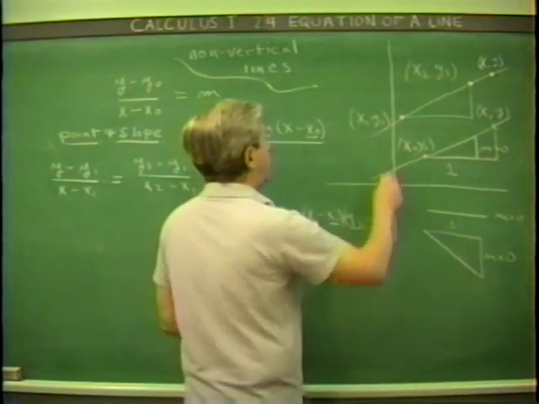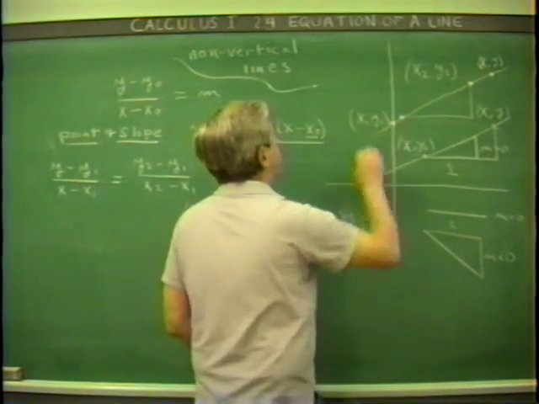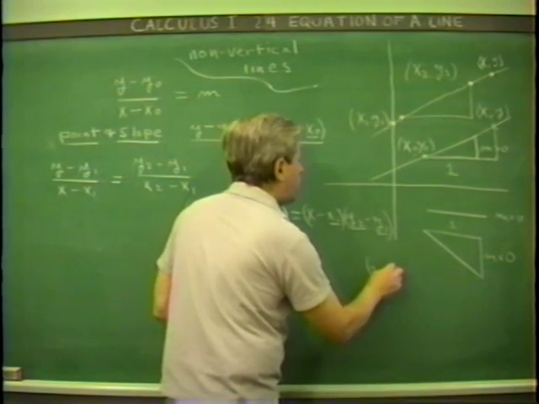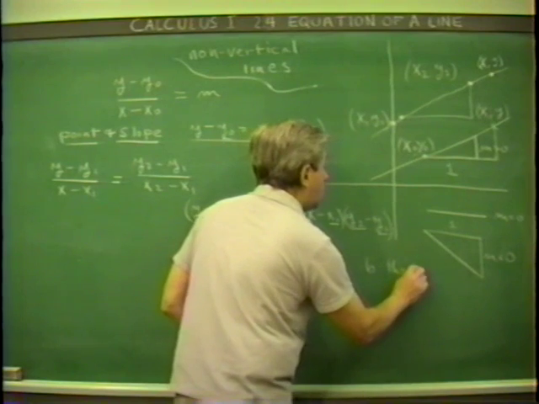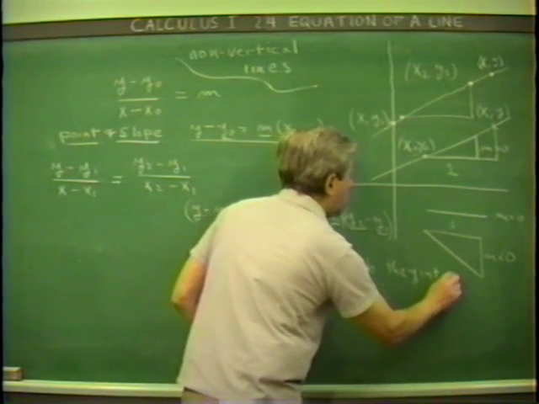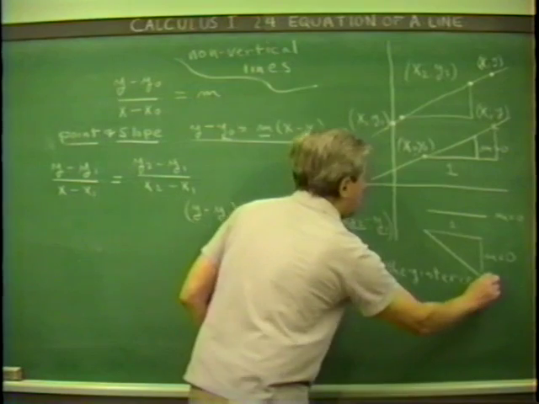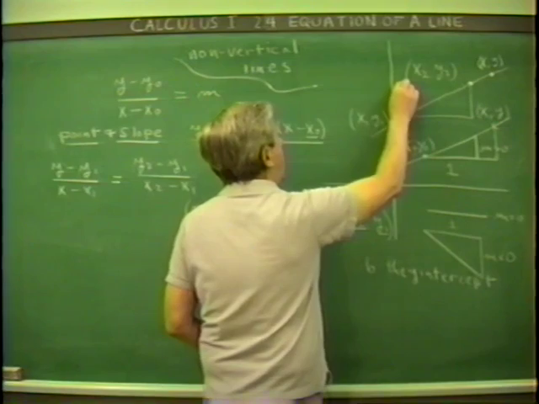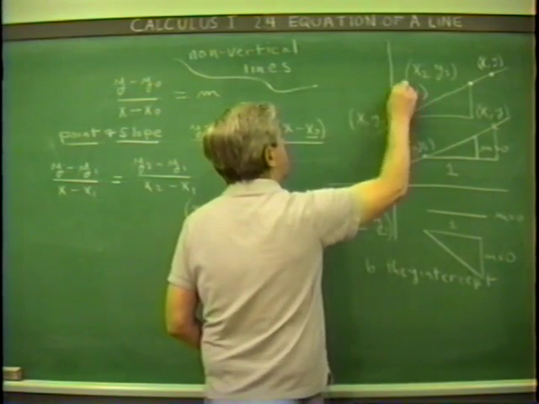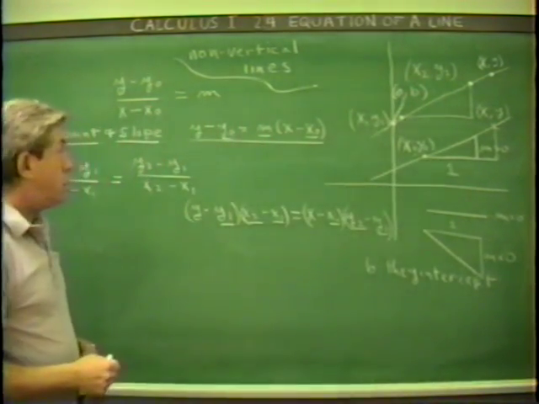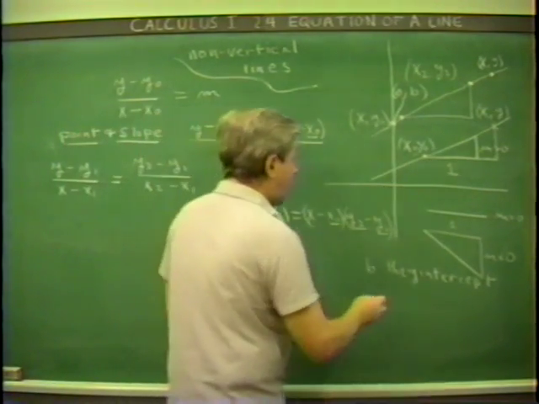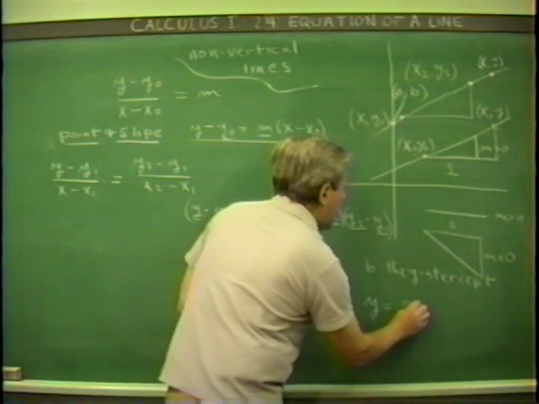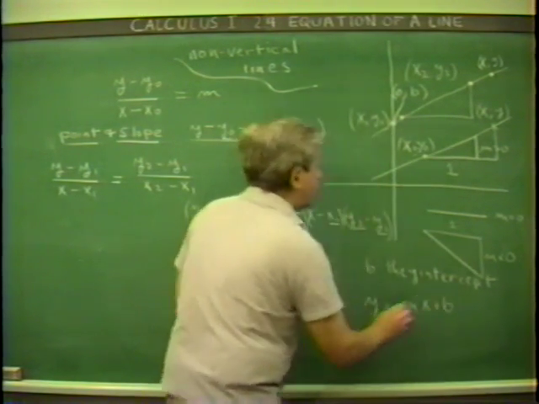In the event that you know where the line crosses the y-axis, the number b is called the y-intercept. If the line crosses the axis here at the point 0, b, and the slope of the line is then m, then the equation of the line is y equals mx plus b.